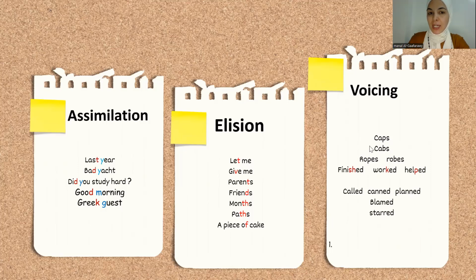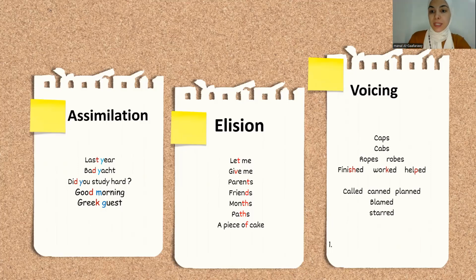And that change actually has a subsequent change in meaning as well. So when I say caps, caps are types of hats, but cabs are taxis. So if you use one in place of the other, you'll definitely change the meaning of your utterance.